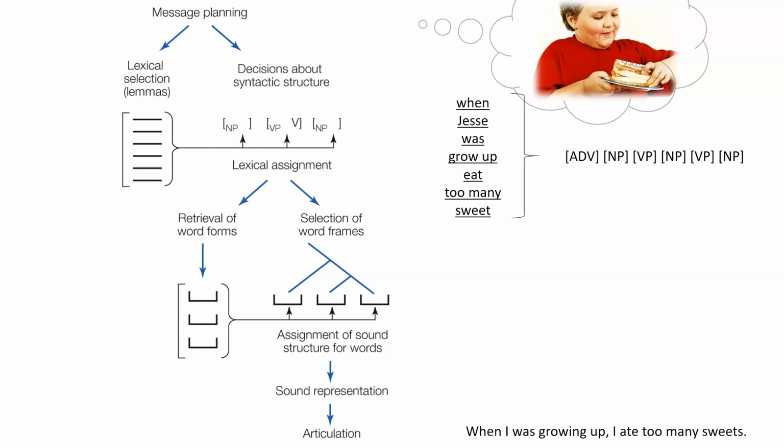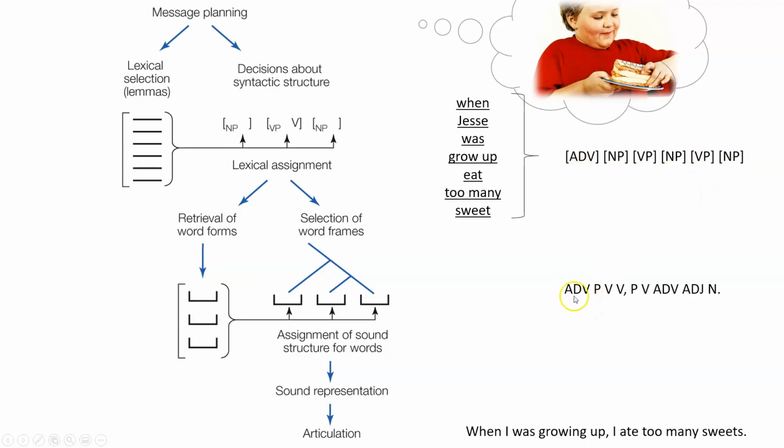And of course, that can be further broken up, and I'll show you what that looks like in a second. But you can see that so far we've just articulated this part here, and then next we've got to select this word frame. So we've got to get a little bit more particular about the structure of this skeleton sentence.